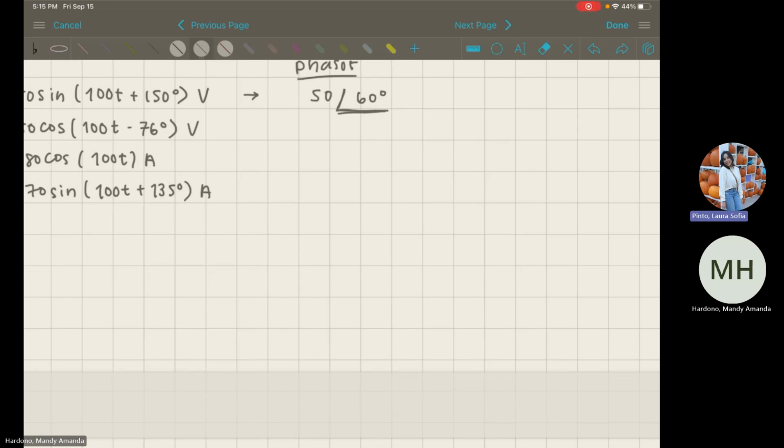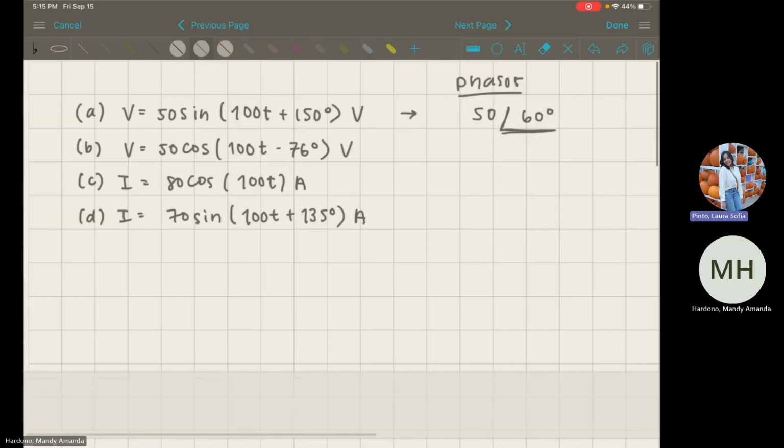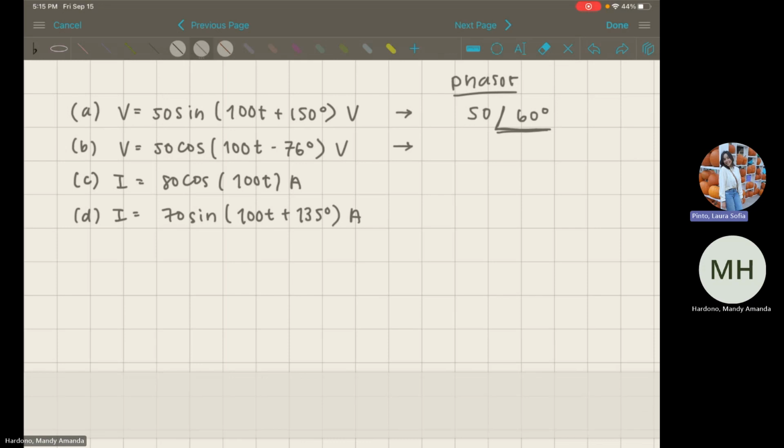So he got that from the part of the table that said that for the sine in time domain, you would take the phase shift and then subtract 90. Now for B, what do you think it should be? 50 angle -70.